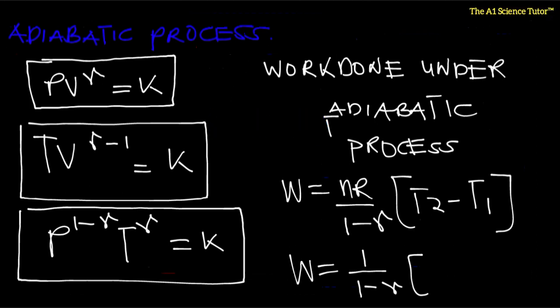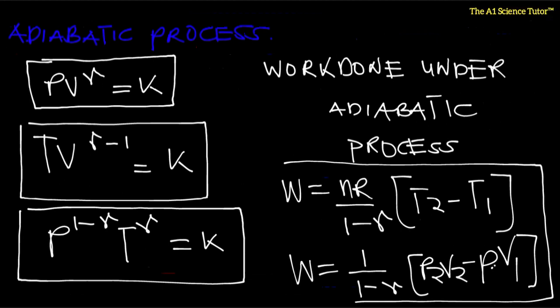So I'm just going to use that to replace stuff here, and that will give us P2 V2 minus P1 V1. So that is basically it under the adiabatic process.